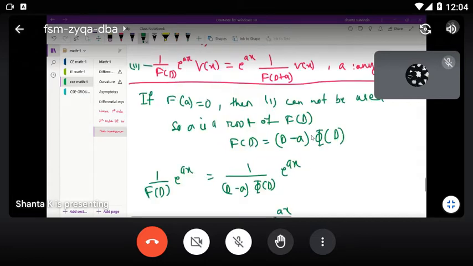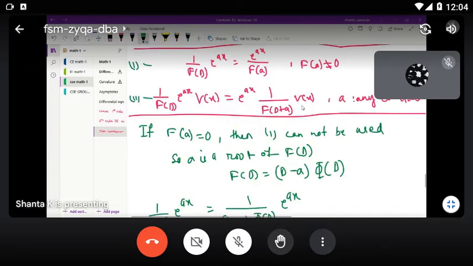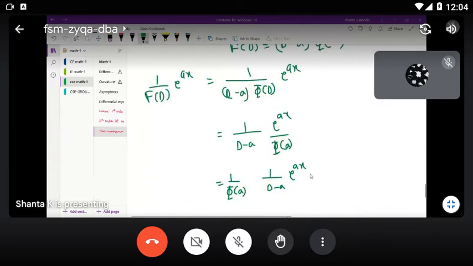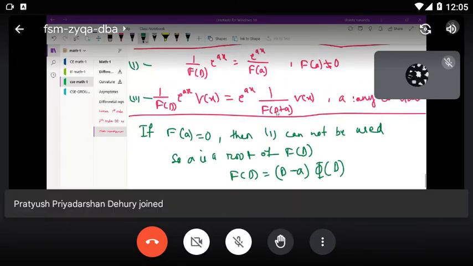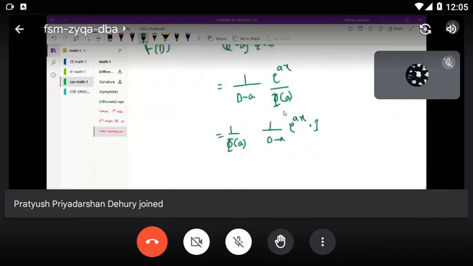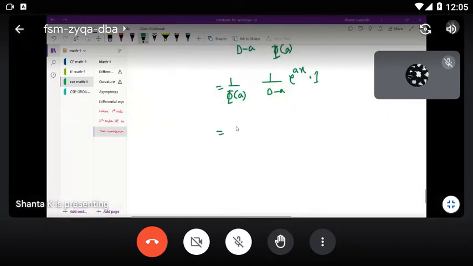Now we will use the second formula. Here this one we will consider the algebraic function as 1, that is x power 0. Now you can take e power ax to this side, and this d will be replaced by d plus a. So e power ax, we are done with this part. Now d will be replaced by d plus a minus a, and here we have 1.